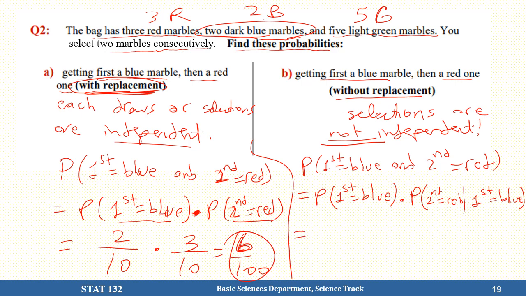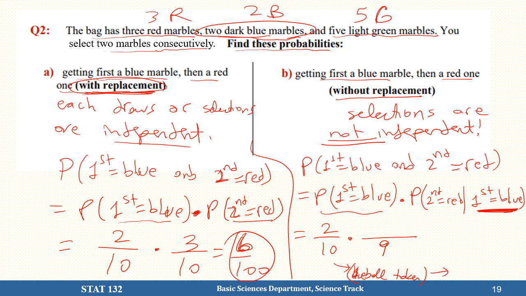So the probability that it's blue, okay, it's 2 out of 10. But now it's not replaced, okay, one ball taken here. So we end up with 9 balls in the second draw, and it's a blue ball taken.